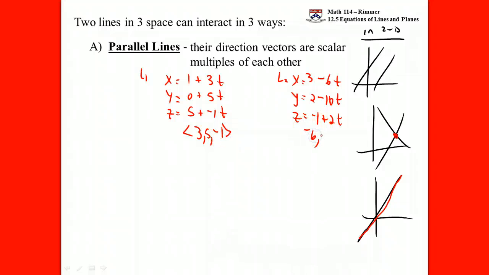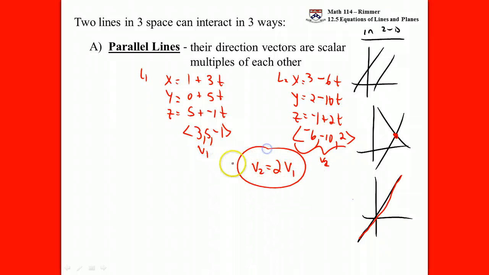You should just be able to look at it and see, wow, from that i component to the other i component, I multiply by some constant k. If it's that same constant with the j component and the same constant with the k component, then yes, call this vector v1 and this vector v2. v2 is 2 times v1. It's a visual thing. You should just be able to look at it and see.